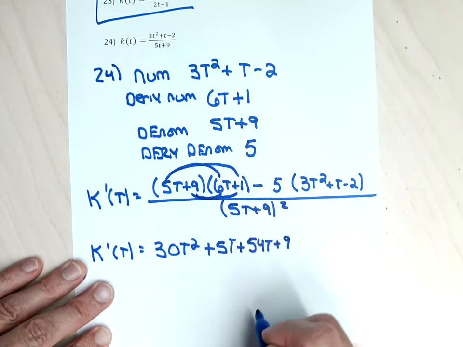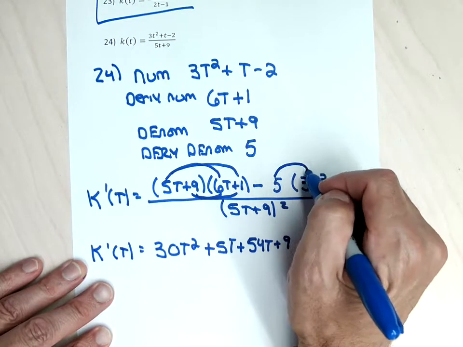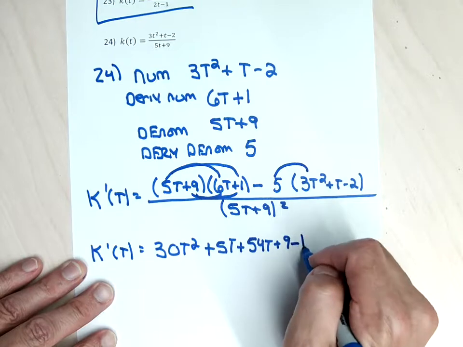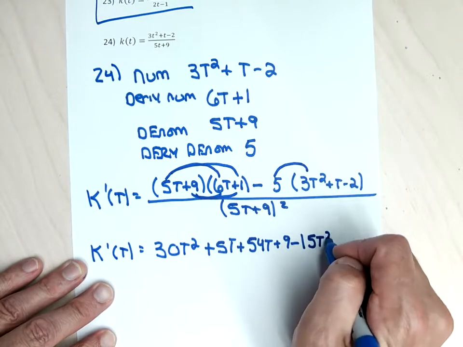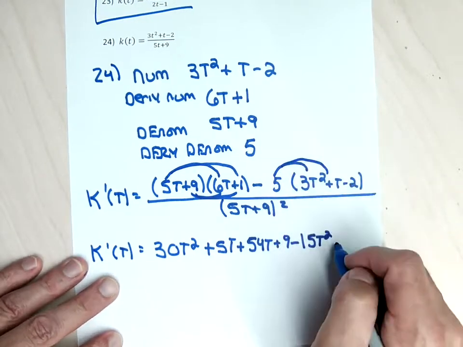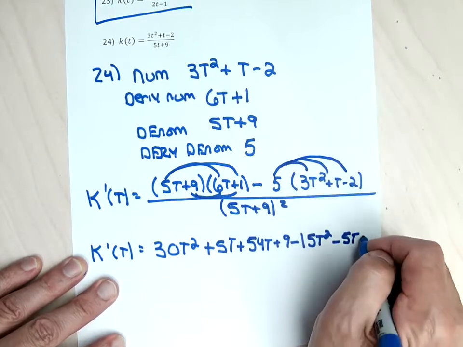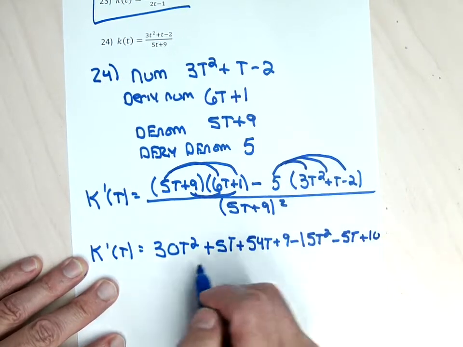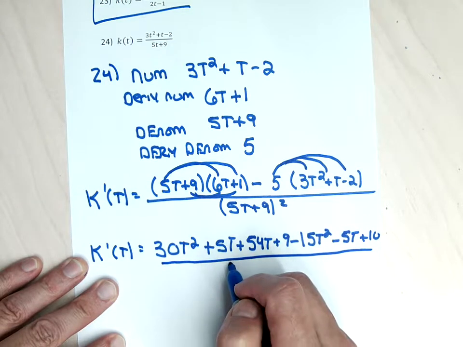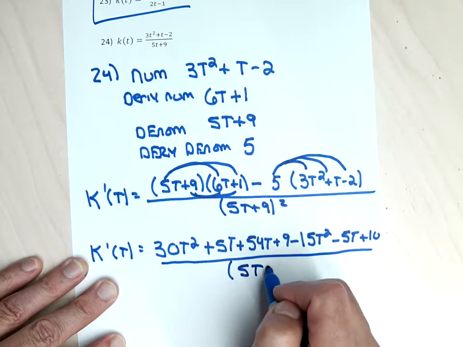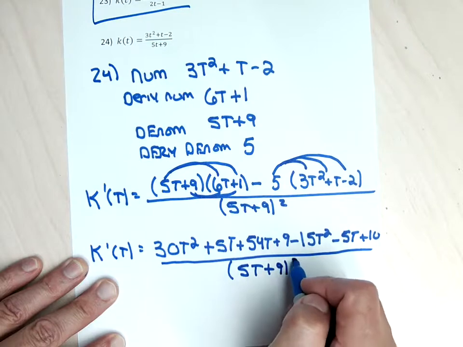That's the foiling part. And now minus 5 times 3t squared is minus 15t squared. Minus 5 times t is minus 5t. Minus 5 times minus 2 is positive 10. Always just leave the denominator, never FOIL it or do anything with the denominator.